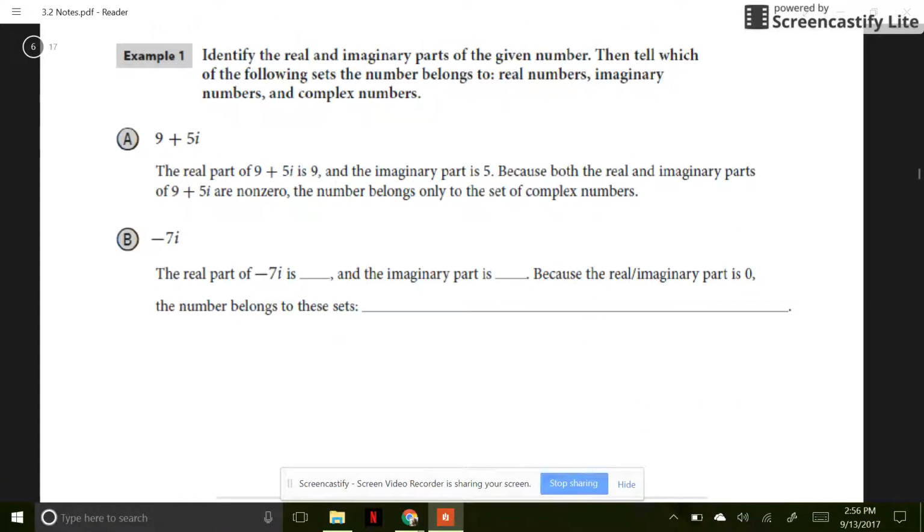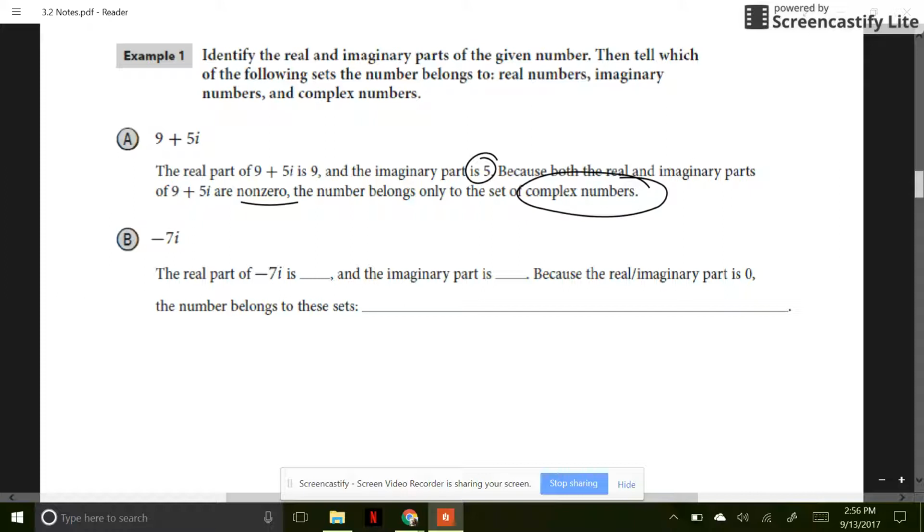So if we want to identify the real and the imaginary parts, and then say which set it belongs to: 9 plus 5i. The real part is 9. The imaginary part is 5, just the coefficient. Because both the real and imaginary parts are non-zero, it only belongs to the set of complex numbers. Here in B, we've got negative 7i. The real part here is 0. We don't have a number term.